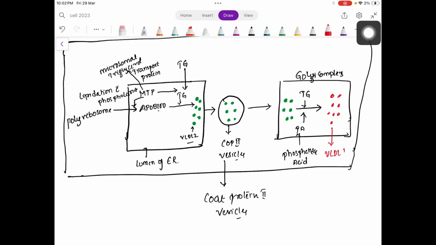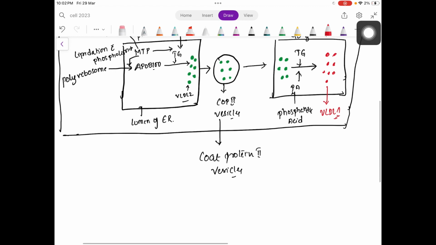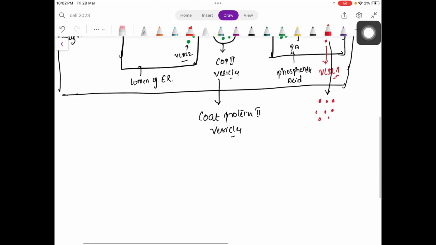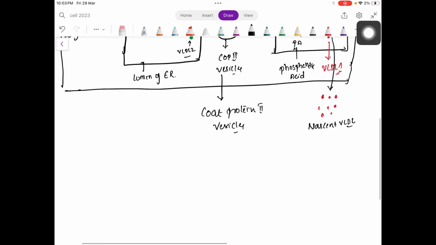These are called VLDL1 molecules, and these VLDL1 molecules will be released into the circulation. Now these molecules are called nascent VLDL.